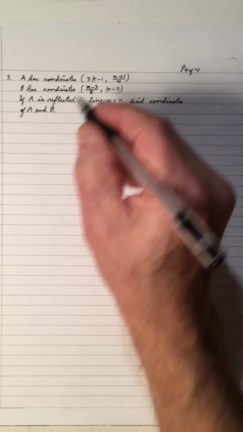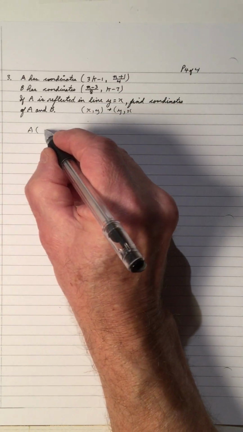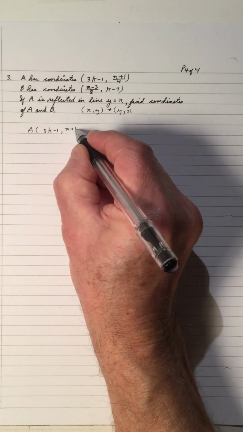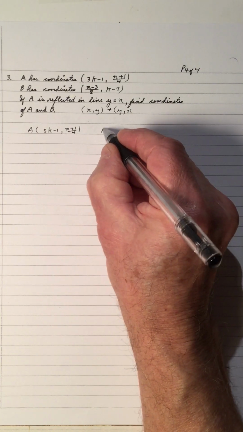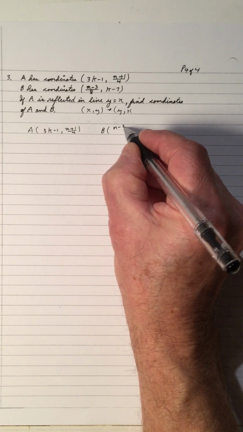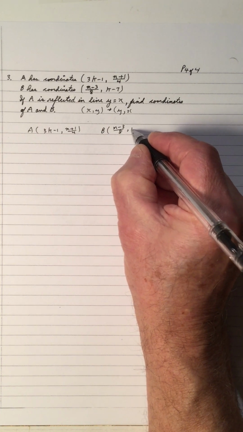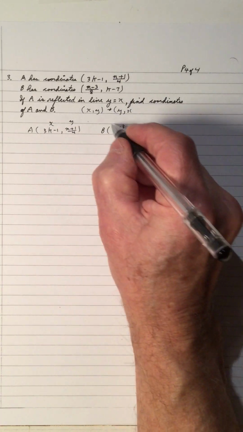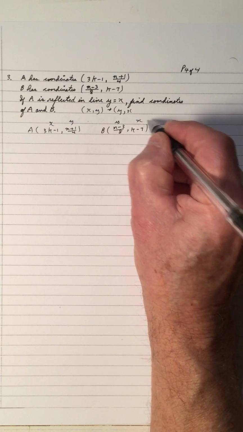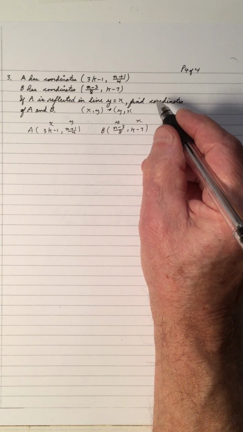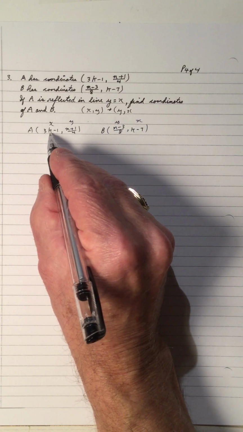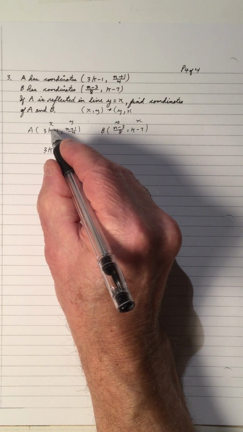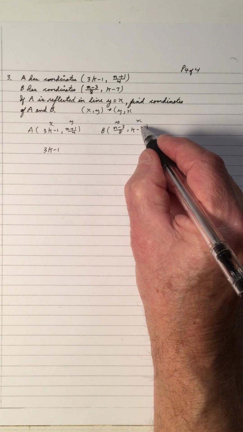So that means that if you take A, which is 3k minus 1, and B is n minus 3 over 8, and k minus 7, that means x is y and y is x. So this 3k minus 1 is the x here, and it is the y over here.